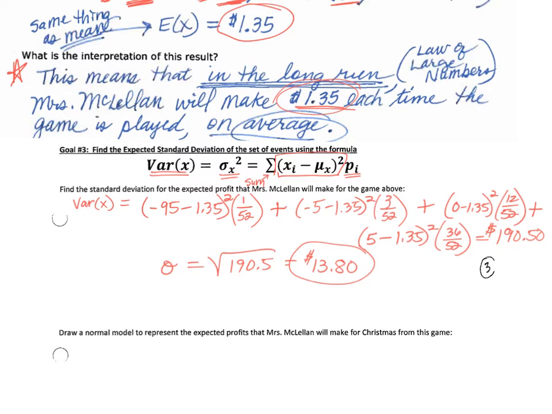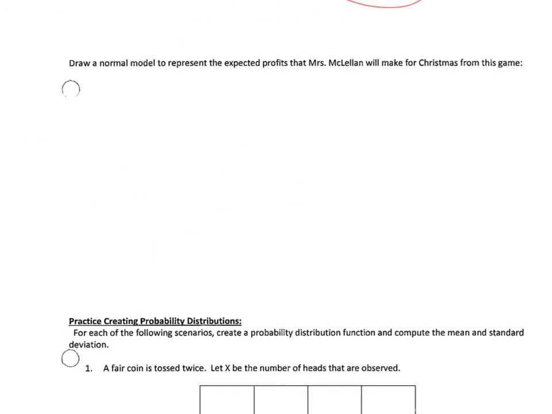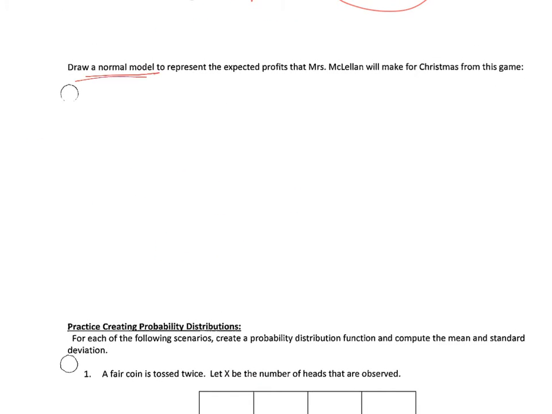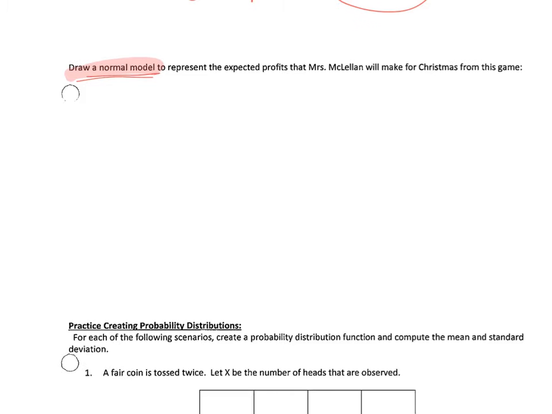Okay? And so now I'm going to bridge this into our favorite thing, the normal model. So let's now connect what we've just done to the normal model. Because let's write what we got.